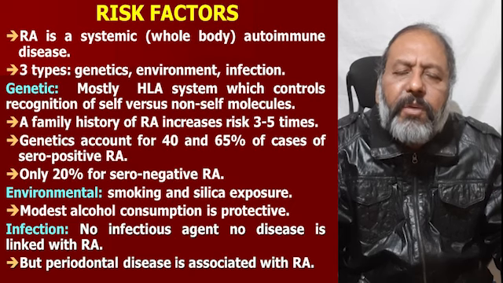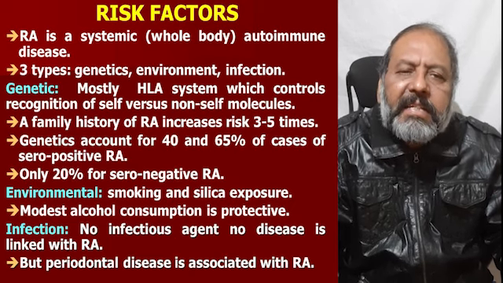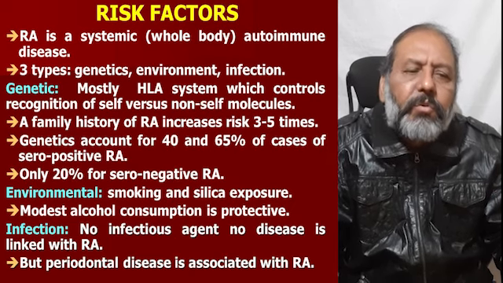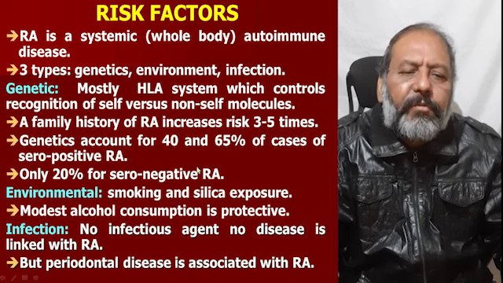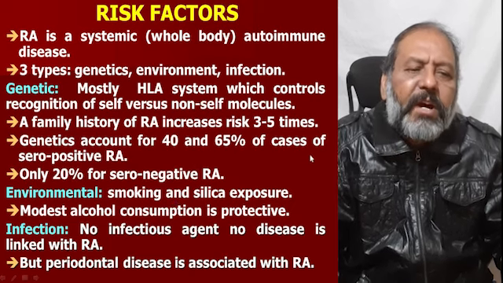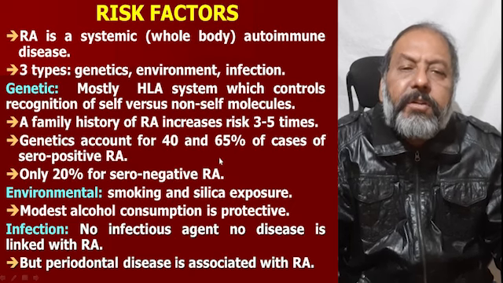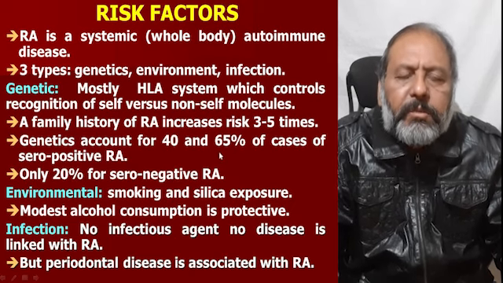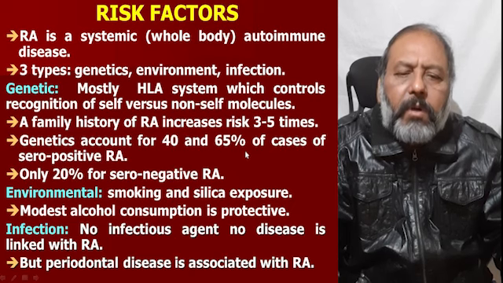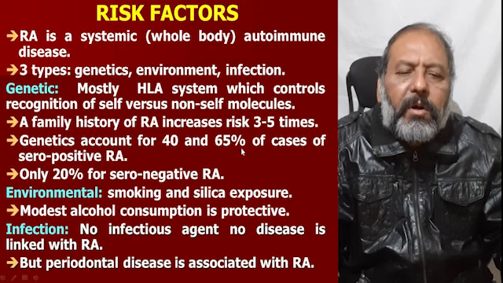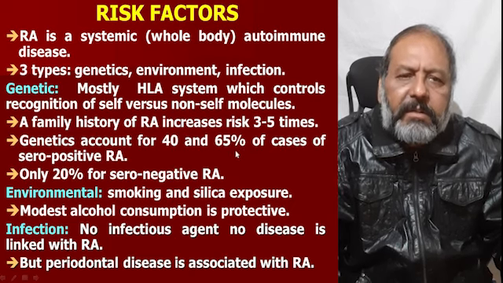A family history of rheumatoid arthritis increases the risk 3 to 5 times, and genetics accounts for 40 to 65% of the cases of seropositive rheumatoid arthritis. Only 20% has been seen for seronegative rheumatoid arthritis.